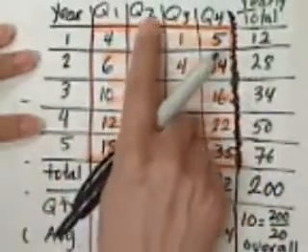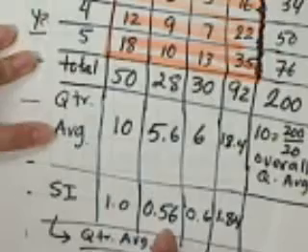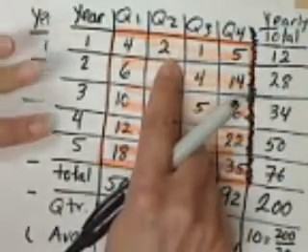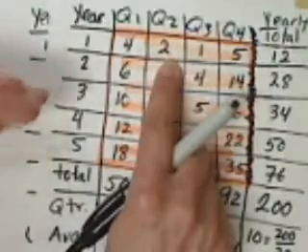Now look, quarter 2 has a seasonal index that is 0.56, which is below the year. So we know that that 2 right here is low because of seasonality.